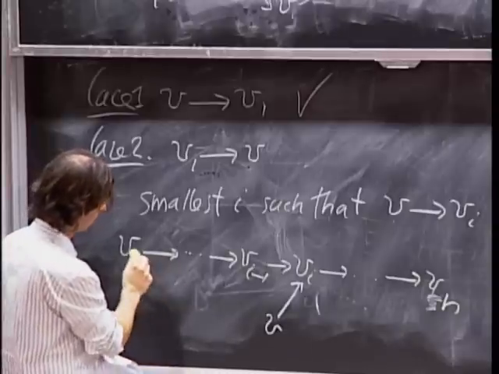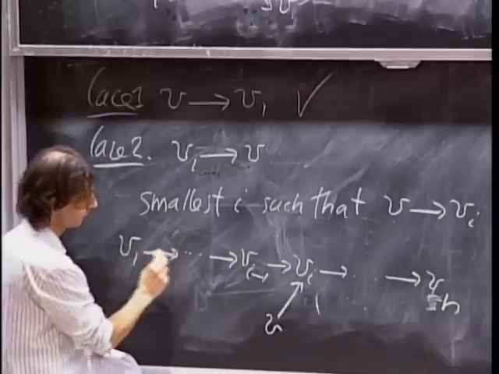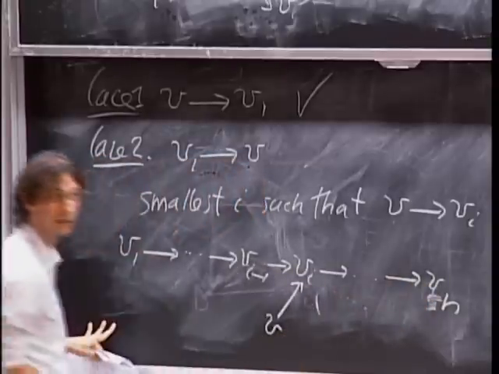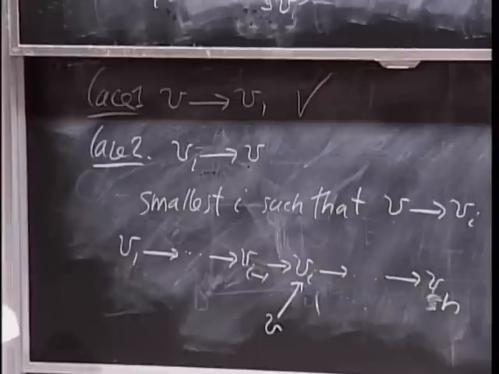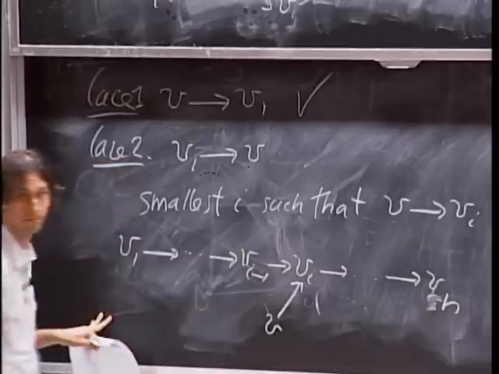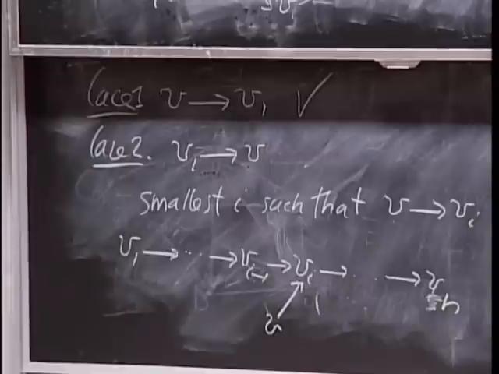Because then I have a path that goes from V1 all the way up here, goes there, and all the way up to here. So we have a directed Hamiltonian path that covers all the vertices exactly once, and that's what we want to prove. But why would there be an edge that goes this way? How do we reason about this?